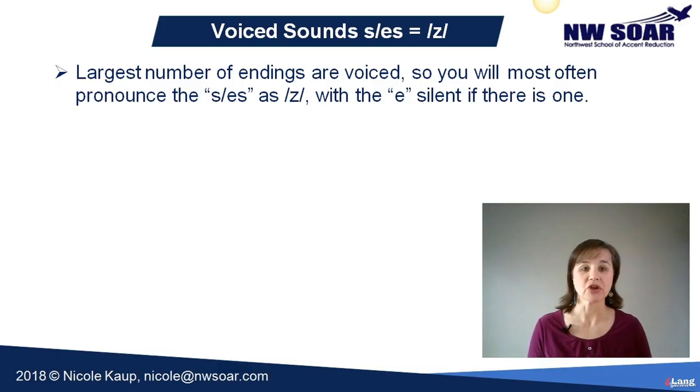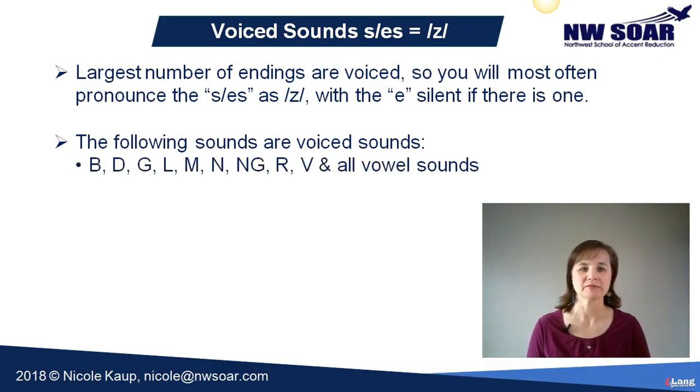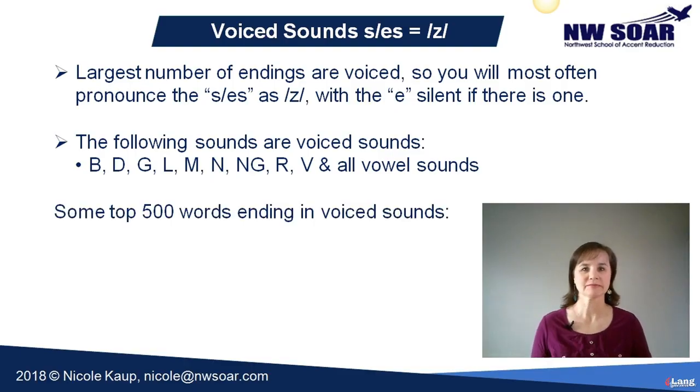The following sounds are all voiced sounds that will require that Z ending: B, D, G, L, M, N, ing, R, V, and all vowel sounds. So let's take a look at some of those top 500 most common words that end with a voiced sound in English. Job, when we make it plural, adding the S to it, will sound like jobs.